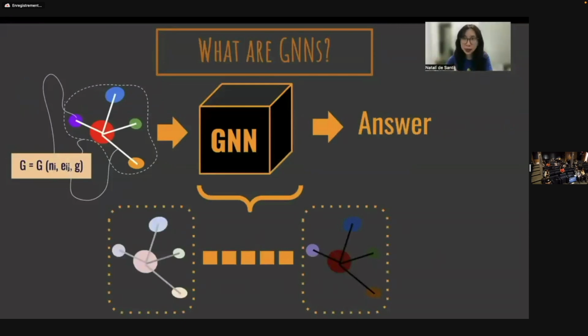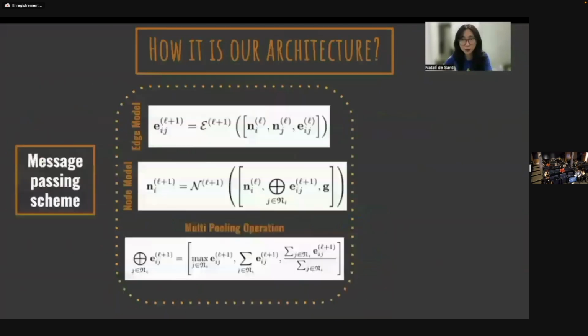So behind this black box, we have an architecture. And in this work, we can say that this architecture is responsible for updating the values of the nodes and the edge attributes. And after many blocks or many layers, we have a final representation of the graph in question.